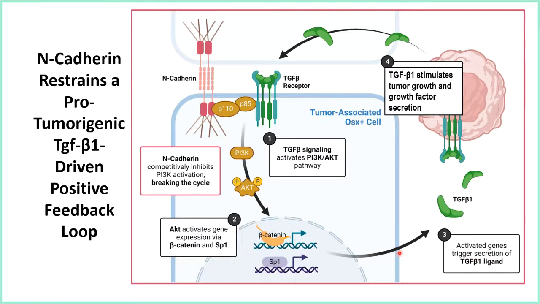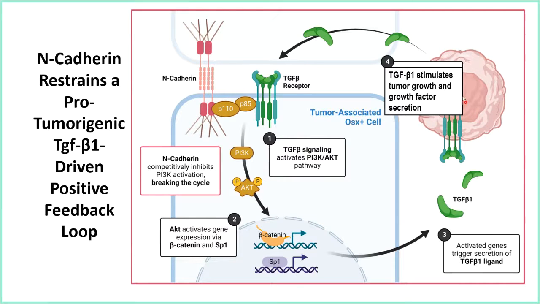Okay, so TGF-β1 is again the product of this genetic regulatory system. TGF-β1 goes into the tumor microenvironment where it activates cell growth by binding to the receptor in the tumor cells.